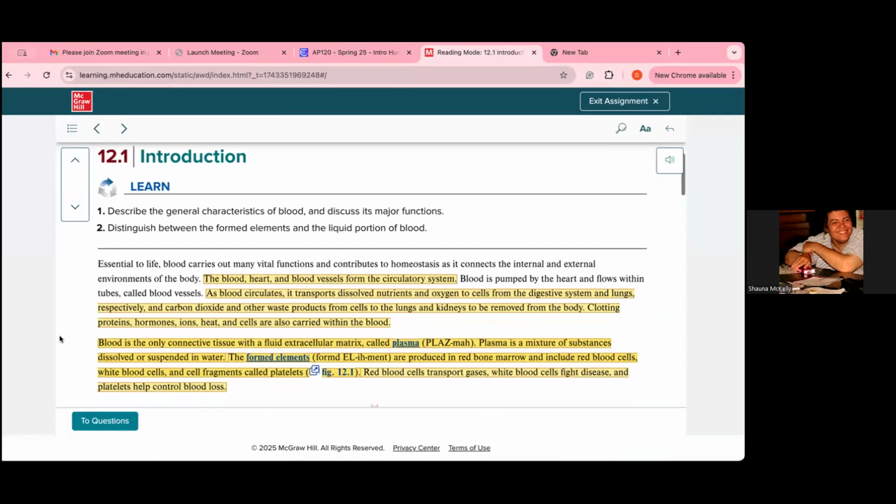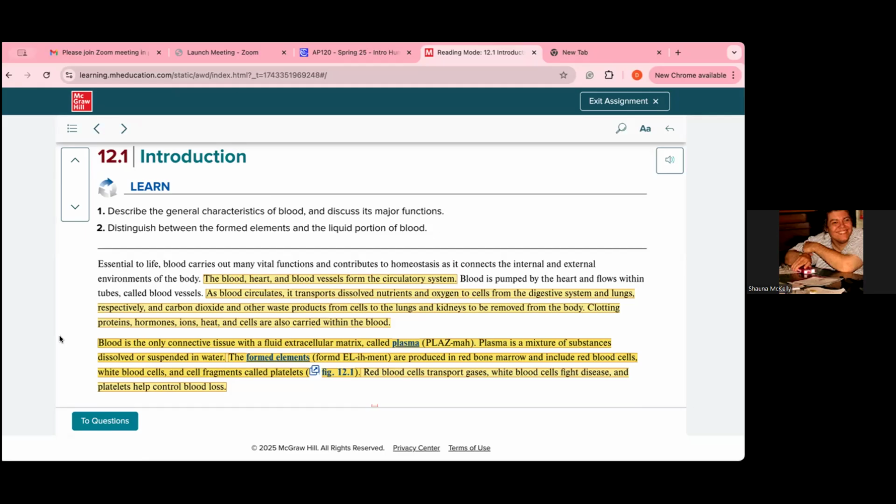Essential to life, blood carries out many vital functions and contributes to homeostasis as it connects the internal and external environments of the body. The heart and blood vessels form the circulatory system.